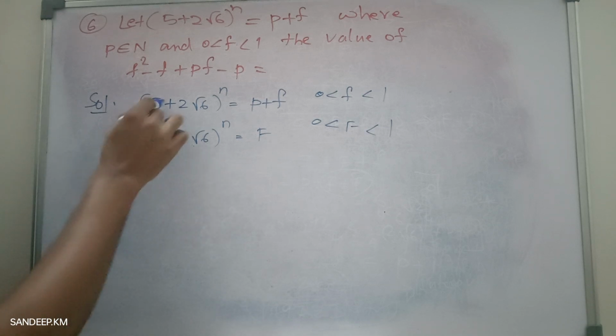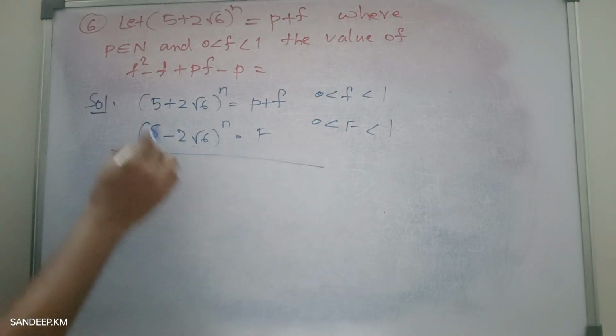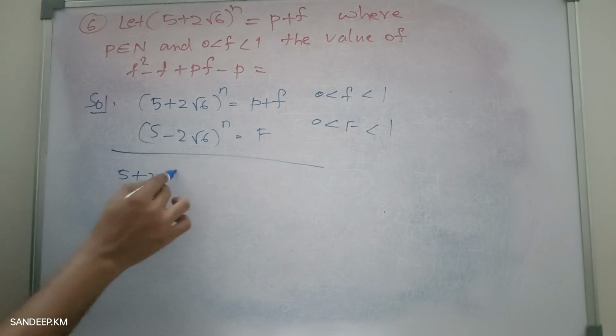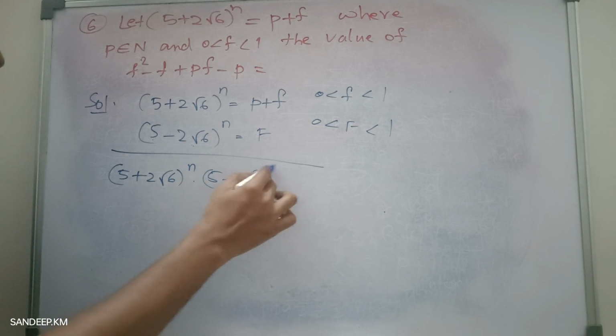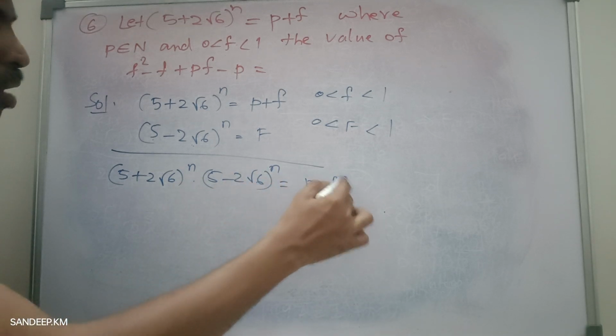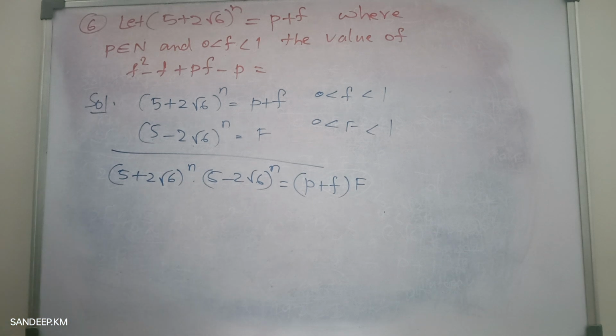Let us multiply these two expansions. If I multiply these two expansions, (5 plus 2 root 6) whole power n into (5 minus 2 root 6) whole power n is equal to (p plus small f) into capital F. Right?